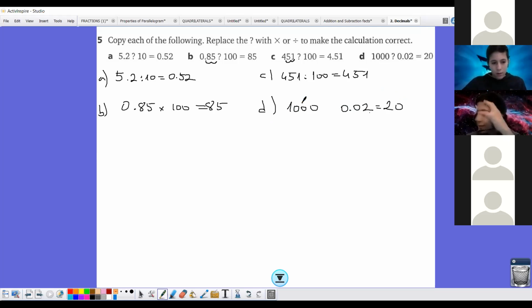Multiplied will be better. Why? Because if you multiply, the decimal point will move forward 1, 2, 3, and it will become 20. Yep.